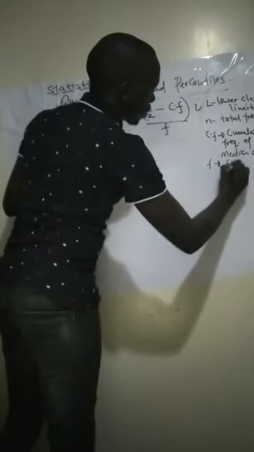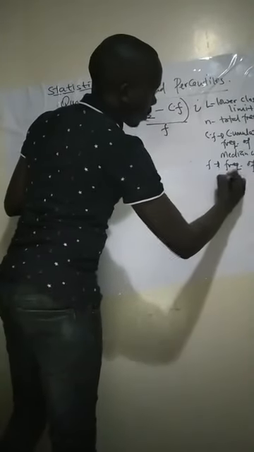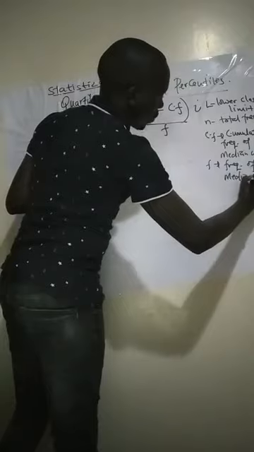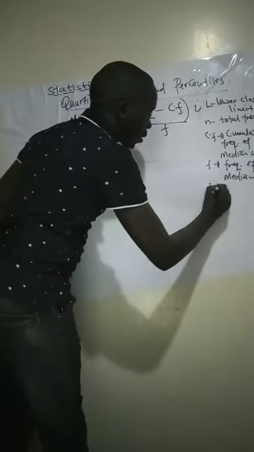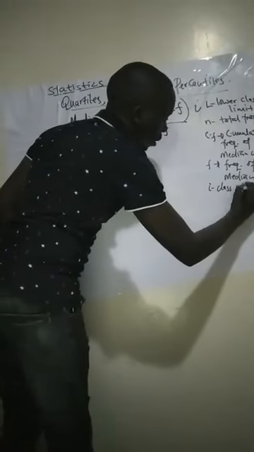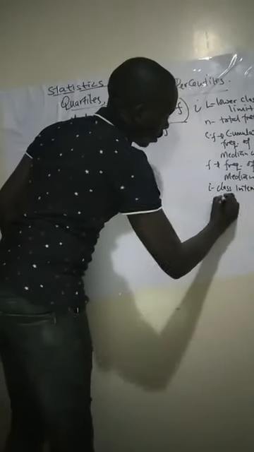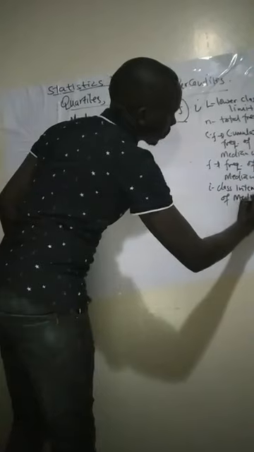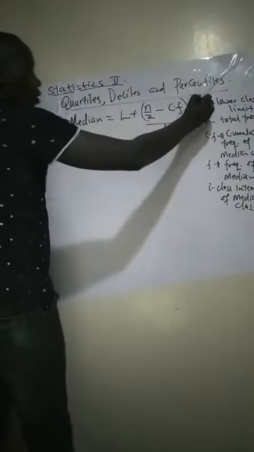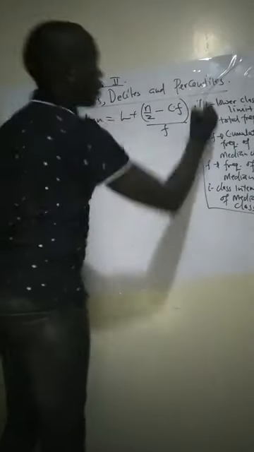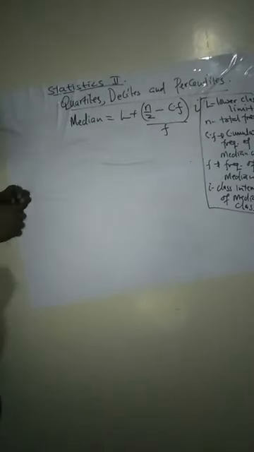F is the frequency again of the median class. Basically, everything we are talking about here is that of the median class. I is the class interval of the median class. So that is what each one of them stands for. In that formula, you might need to know that. That is still very, very important. You must remember what each one of them stands for.